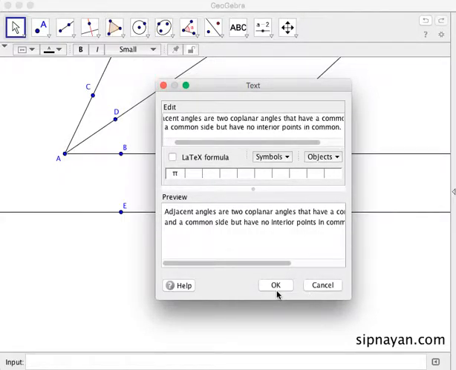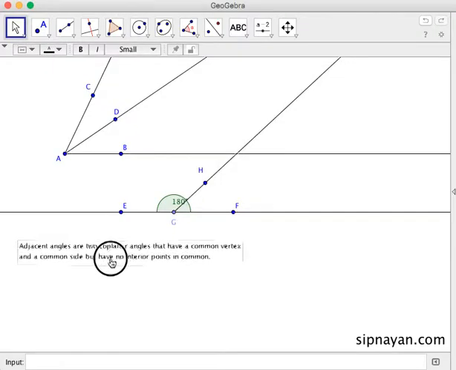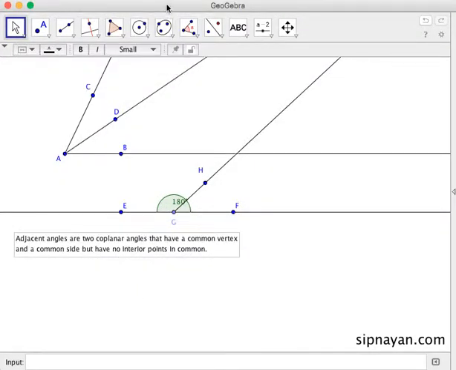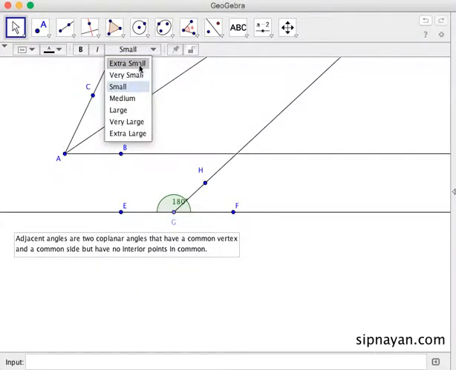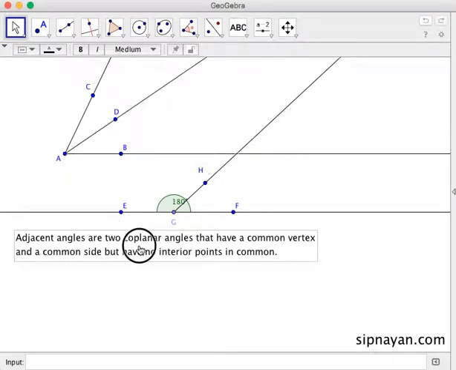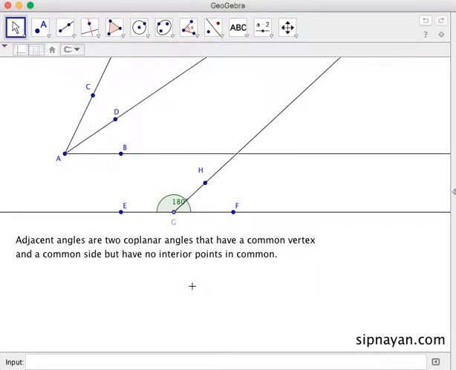So yan yung ating definition ng adjacent. So this is number 1. Yung first definition natin.